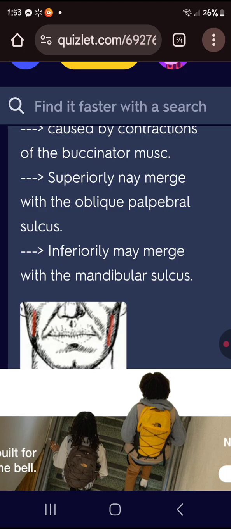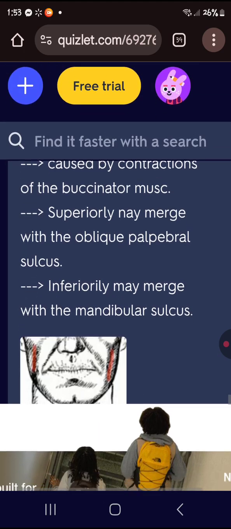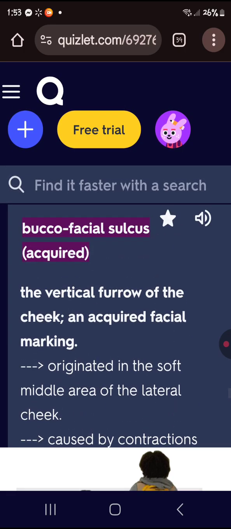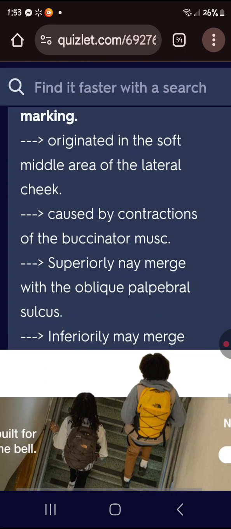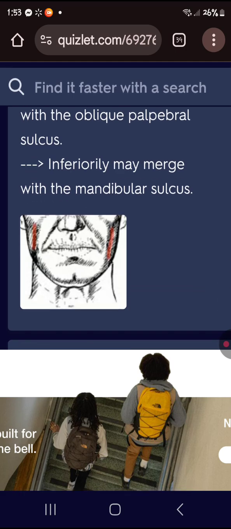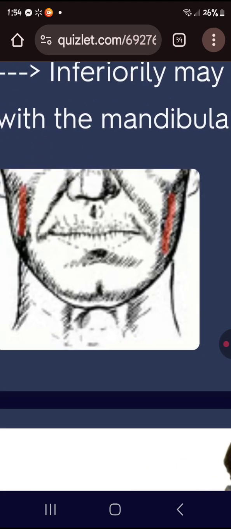And it curves up with the eye, so oblique palpebral sulcus. And the buccofacial sulcus inferiorly at the bottom may also merge with the mandibular sulcus, because you know down there is where the jaw is, and the cheek connects to the jaw down there at the bottom.